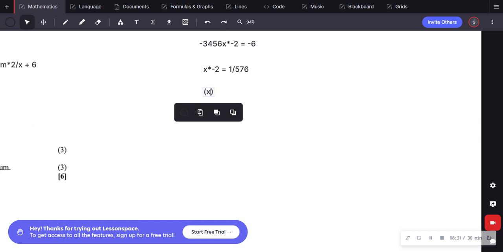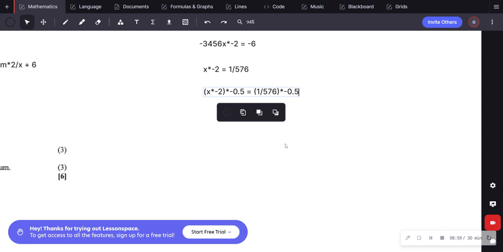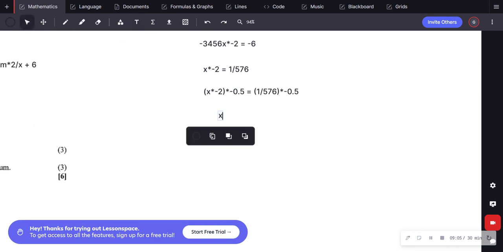X to the power of negative 2, raised to the power of negative a half equals 1 over 576 raised to the power of negative 0.5. Then we will be left with x equals 24. And that is our final answer.